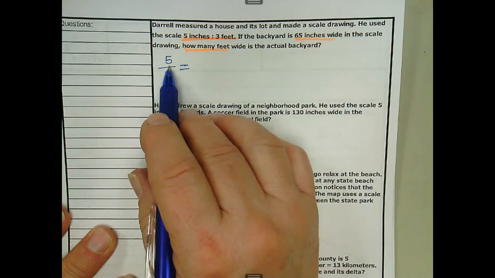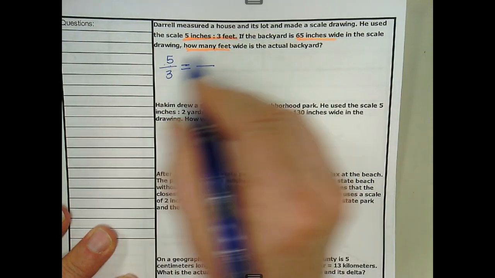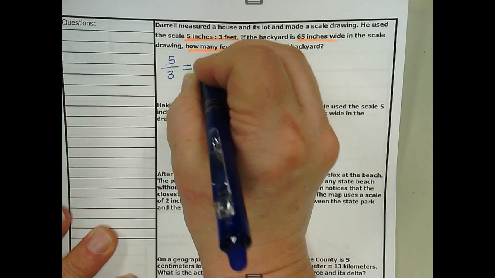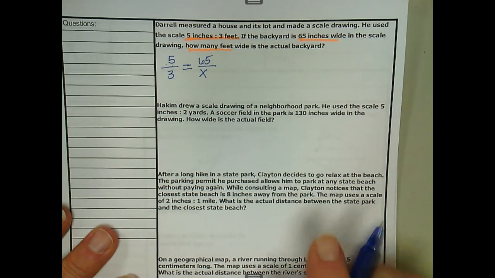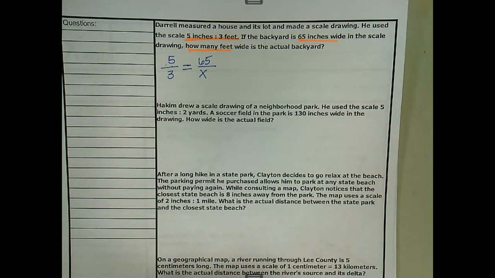Okay, this is inches. I've got to match up inches with inches. Inches is at top. 65 is the inches. It will be at top. X will be at the bottom because we are looking for feet. 3 feet, how many feet? 3 feet, X feet. So we can do what we call cross multiplication.